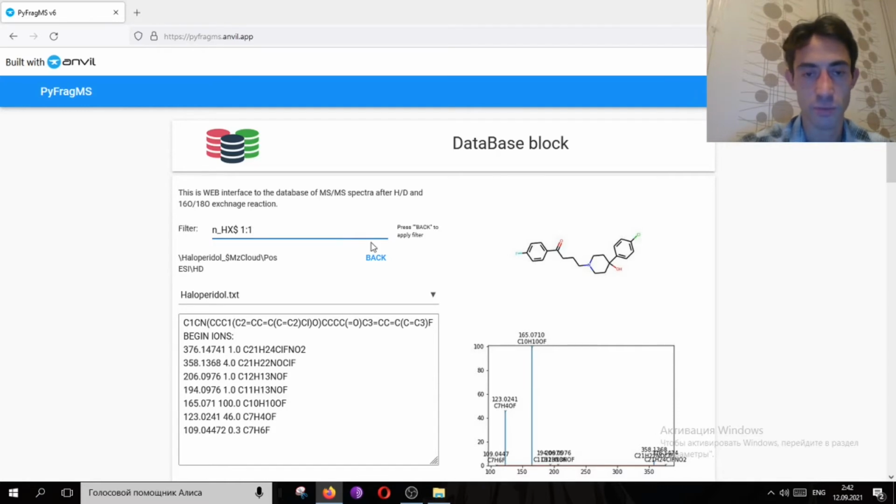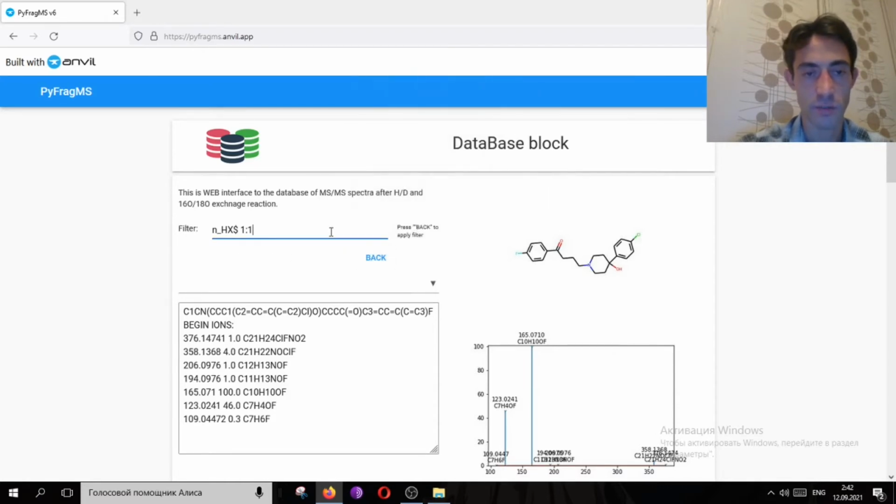It is also possible to use a combination of different filters.